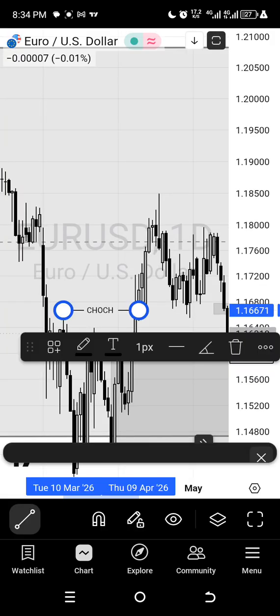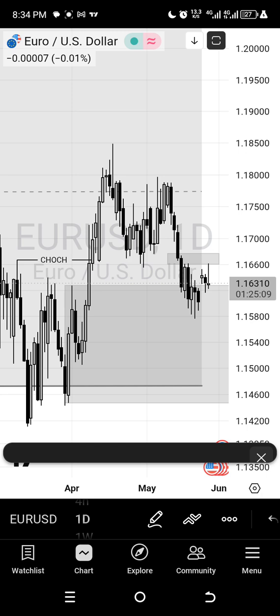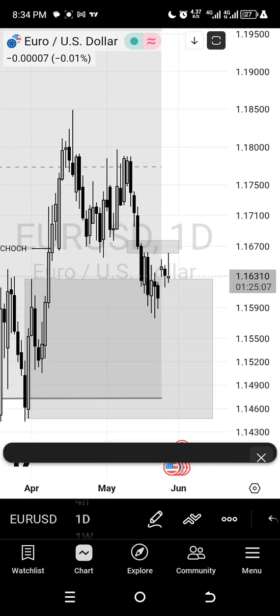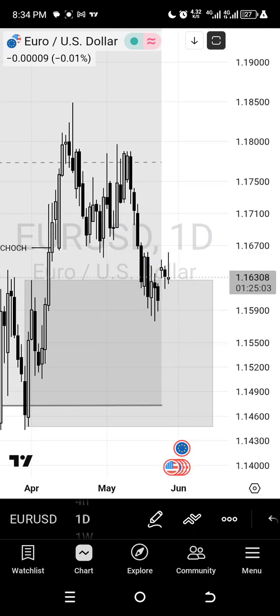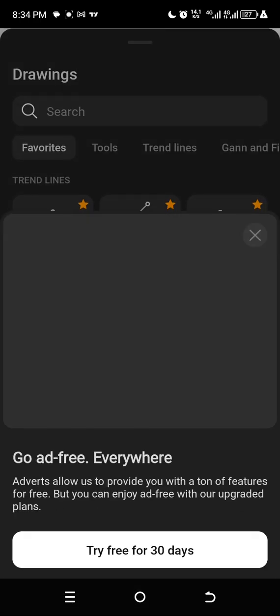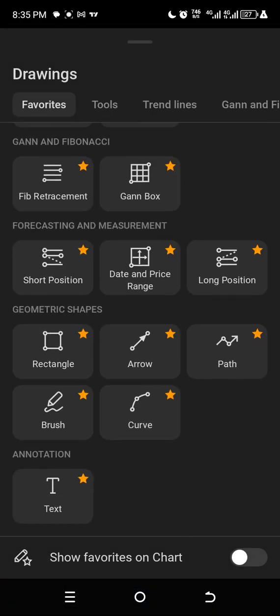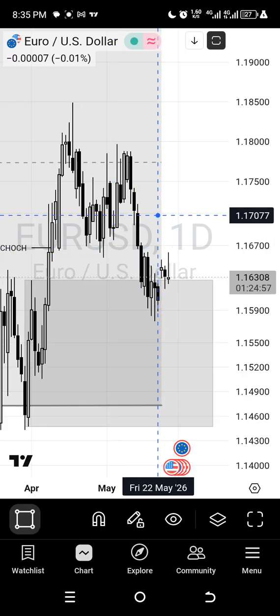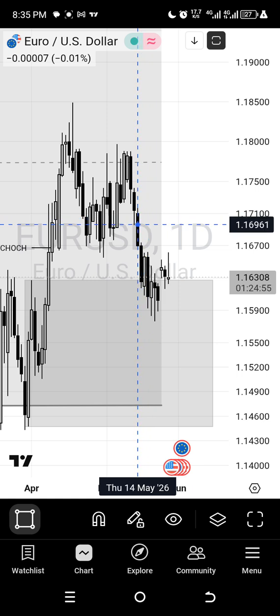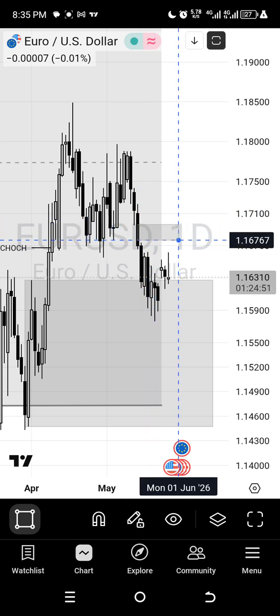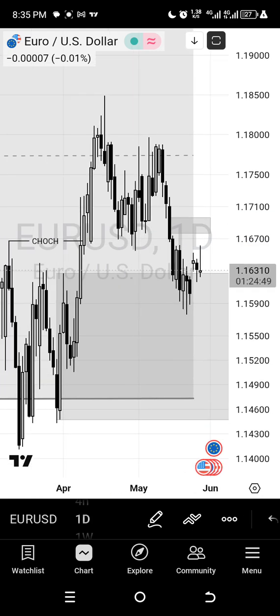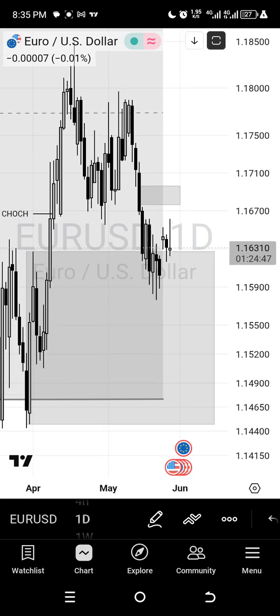Okay, let me define my weekly fair value gap so as to make it super simple, guys. We have this fair value gap above, and this is my weekly fair value gap, which is also visible on the daily time frame. Okay, I'll also refine my weekly key levels on my 1 day time frame.